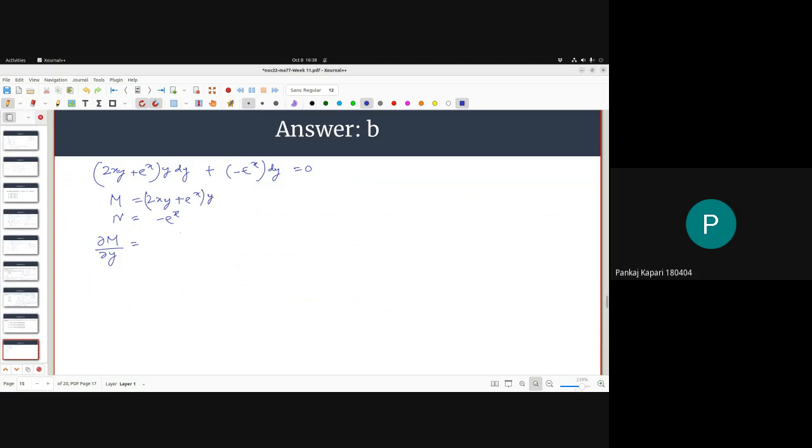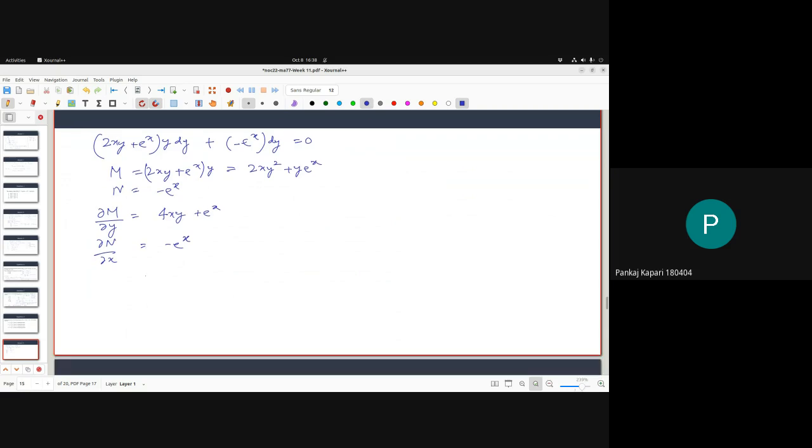That means this is actually equal to 2xy square plus y times e to power x. If you differentiate, then you will have 4xy plus e to power x. And what is del N over del x? The same as minus of e to power x. Now you can see that because these two are not equal, let's write it as equation 1. Since del M over del y is not equal to del N over del x, this is not exact.